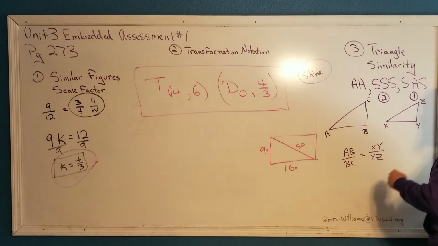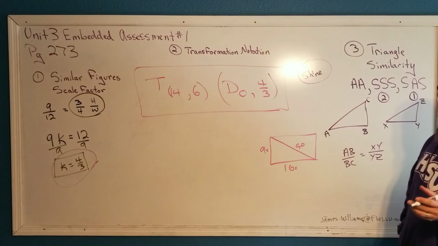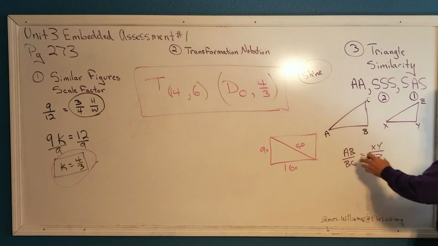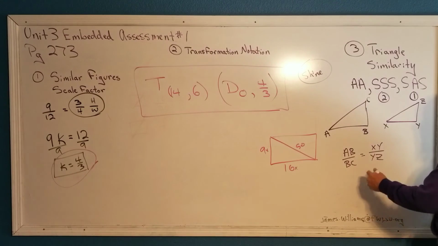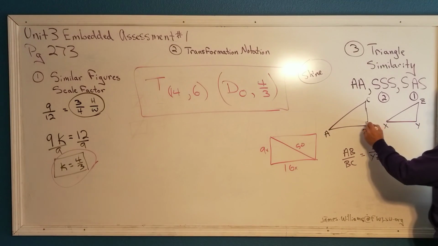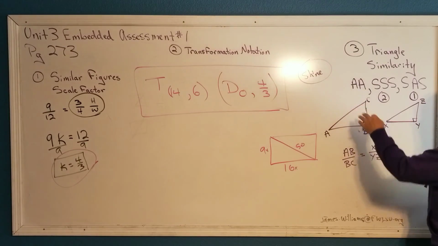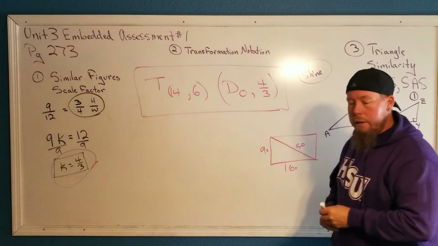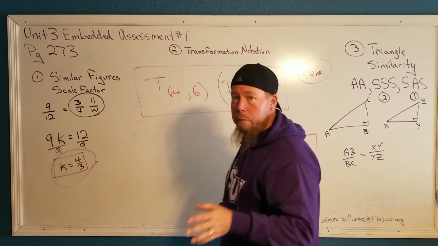That's how you would want to get started. I know I didn't pause for you to work this one, I just wanted to give you an idea. From there, I'm going to let you expand upon it and choose which direction to go, remembering the angle in between them is the same, or you could talk about the hypotenuse as well, since they're right triangles, the hypotenuses are going to be proportional to each other as well.